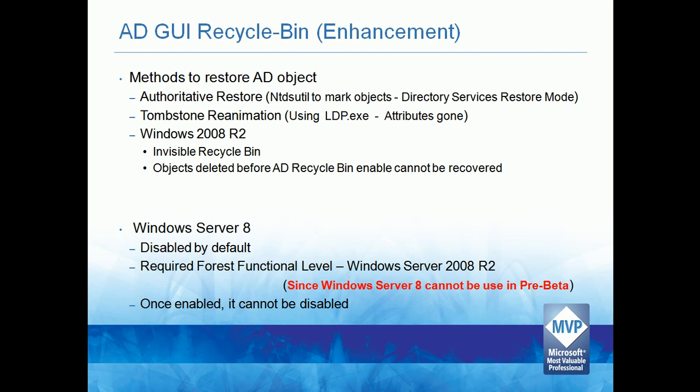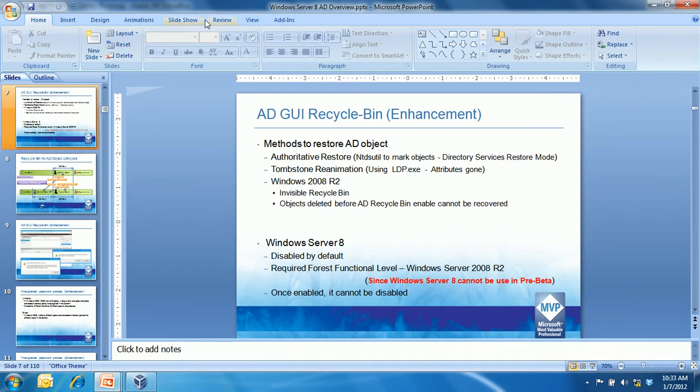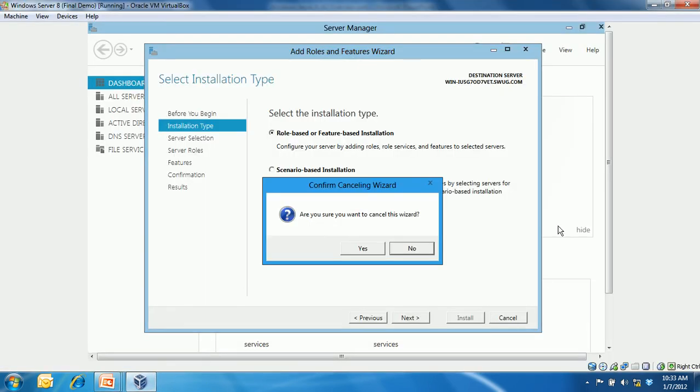So if I want to add this new version of Windows 8 into the existing domain, what should be the forest functional mode and the domain functional mode? By default, leave it as 2008 R2. So you can increase it if you want to. But now if I try to raise it, I will not be able to see it at all.